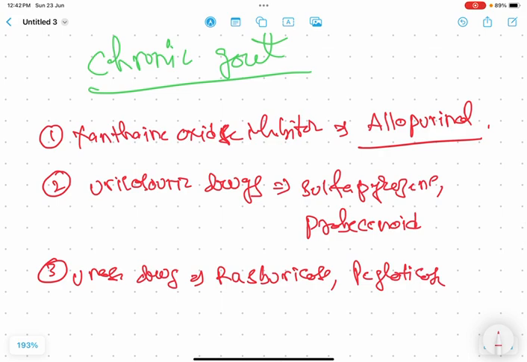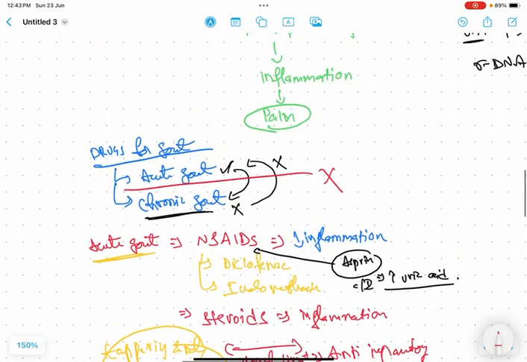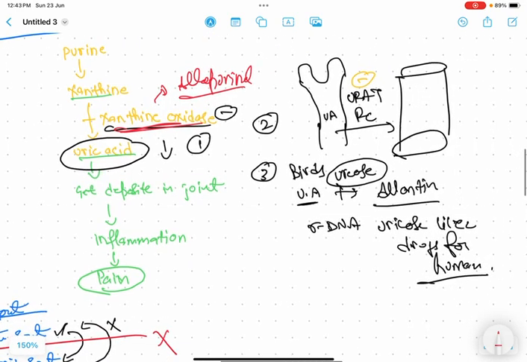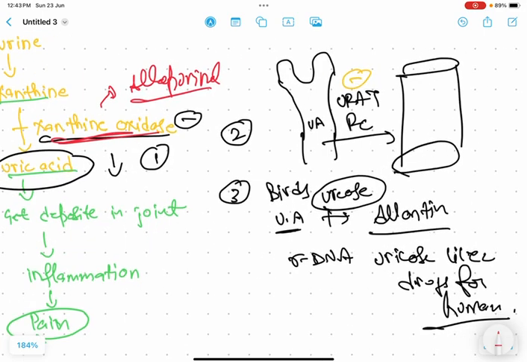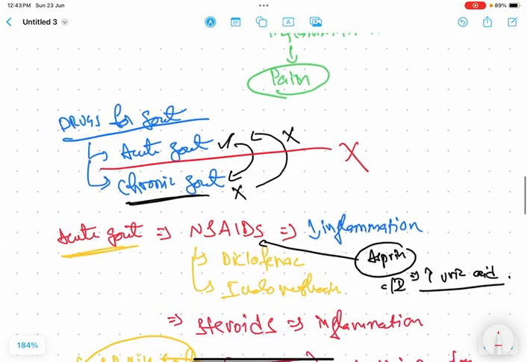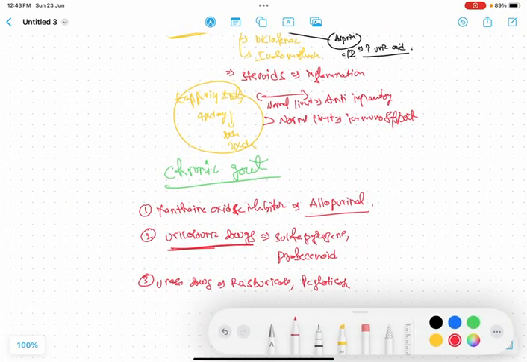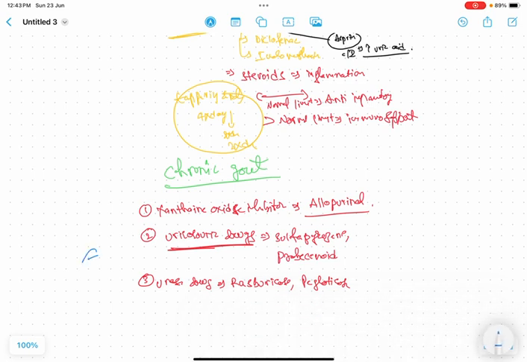Okay, now let's go deeper. We have discussed that we have to inhibit xanthine oxidase. So what is the drug? Allopurinol will inhibit xanthine oxidase, so the uric acid level will be decreased. The second drug blocks the URAT receptor, and these drugs are called uricosuric drugs. They inhibit the URAT receptor.